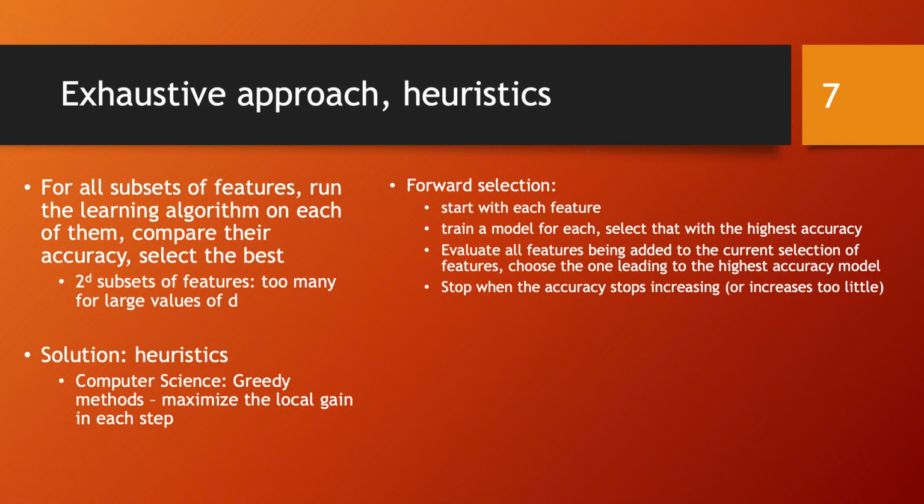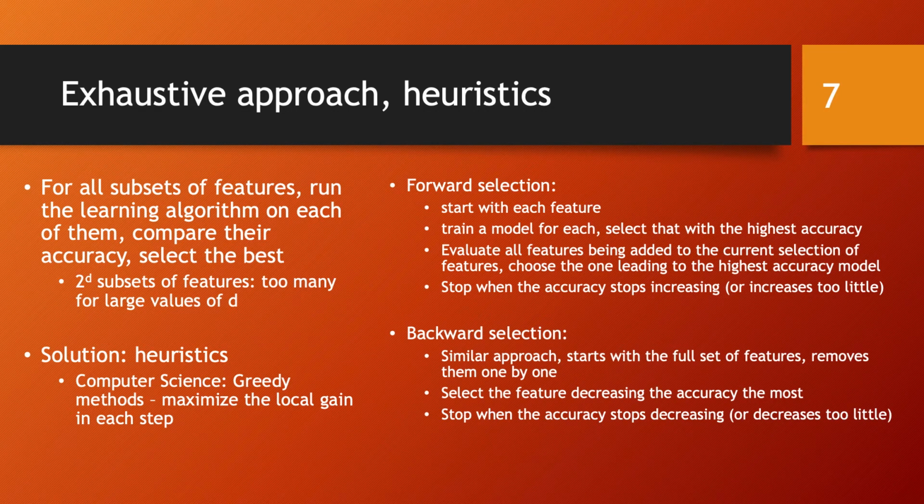And you can also do it the other way around. So in other words, a backward selection. So not starting from the empty set and adding features one by one, but rather doing it the other way, starting from the full set of features and removing them one by one. So in each step, you evaluate all of the features that are still in your set and you remove them one by one, and you train a model for each one of these smaller subsets, and you select the one that decreases the accuracy the least, and you're going to choose to eliminate that feature.